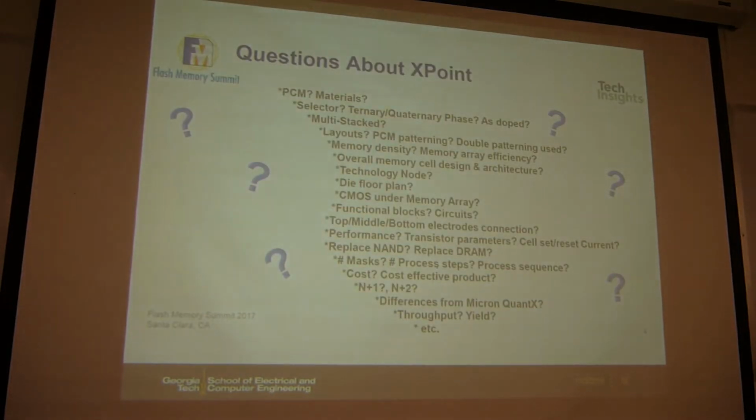And when this was announced back in 2015, at that time Intel and Micron didn't disclose anything. They didn't say anything about what's inside the 3D XPoint. So people guessed what is the material? Is it RRAM or is it phase change? What selector is used there? And a lot of questions at that time.